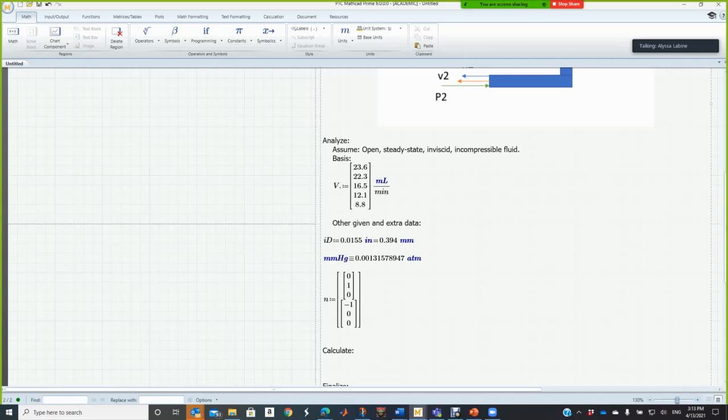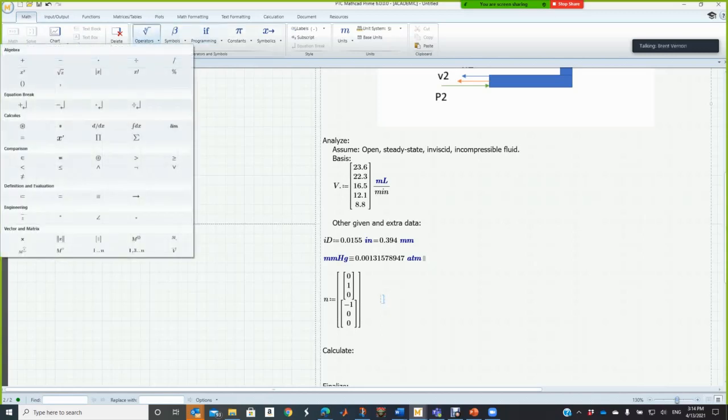Okay, so how do you get that? If you go to operators, it's right here. Global definition, or you can put Control Shift tilde.